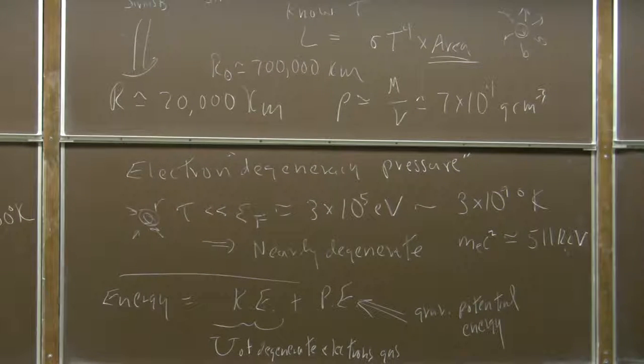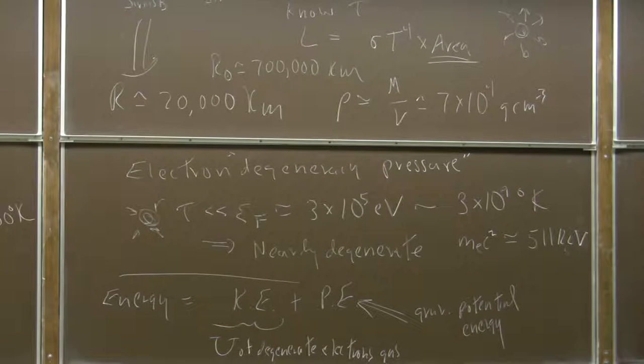If you put in numbers, I can write this as 10 to the 20 grams to the 1/3 centimeters, mass to the minus 1/3, and then if I put in the mass of about 10 to the 33 grams, that'll give me a radius, which is the cube root of 10 to the 33 is 10 to the 11, so it's about 10 to the 9 centimeters, which is 10 to the 4 kilometers.